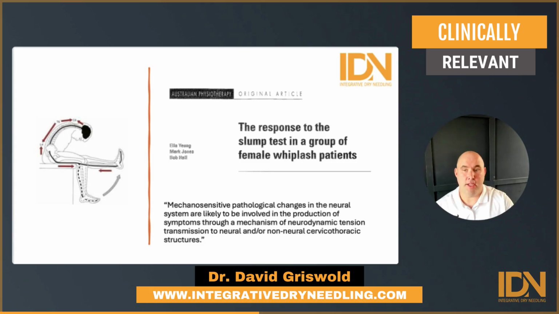The other thing that was interesting was that as they put them through the sequence of the slump, it actually produced their neck pain when they added tension through the knee, moving them into extension, and also at the ankle as they moved them into dorsiflexion. Lastly, those individuals who had symptomatic whiplash were more likely to have decreased range of motion at the knee into extension and ankle dorsiflexion mobility as well.